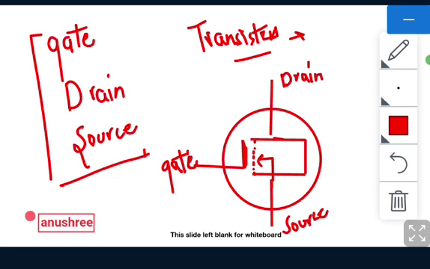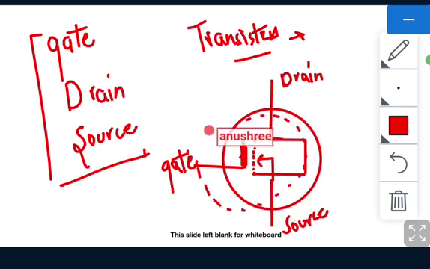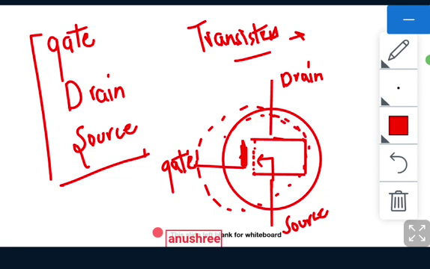Okay, so I was saying, if you apply the voltage here at the gate, this is the gate, then it generates an electrical field. Is the gate a separate part, or is it the face of the rectangle? These are the three terminals. No, this is about the circuit.